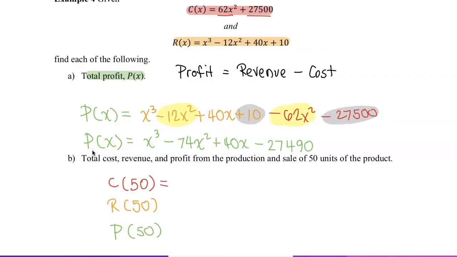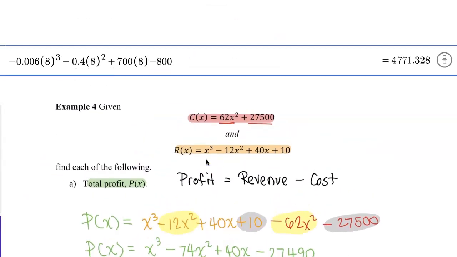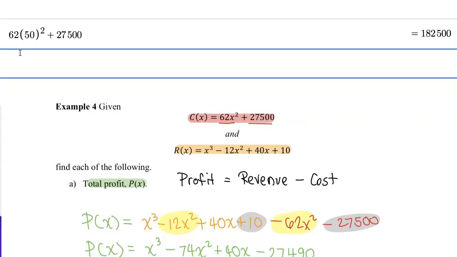Okay, so this part I'll just open up a calculator and do it. A Desmos scientific calculator. So starting with plugging in 50 into that red function. So I'll do 62 times 50 raised to the second power plus 27,500. So that's the total cost.